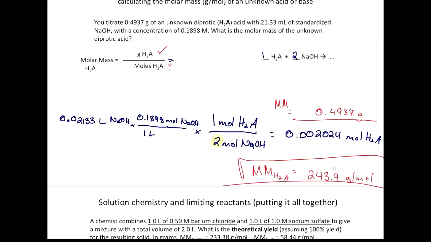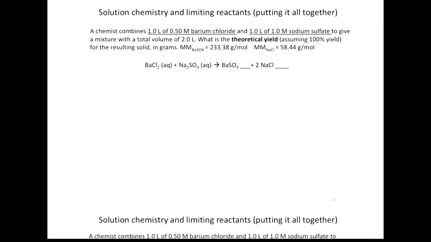So now let's put it all together within solution stoichiometry and apply the idea of limiting reactants also. In this example, I give you a volume and concentration of 2 of the reactants, and I just ask, what mass of product do you make?